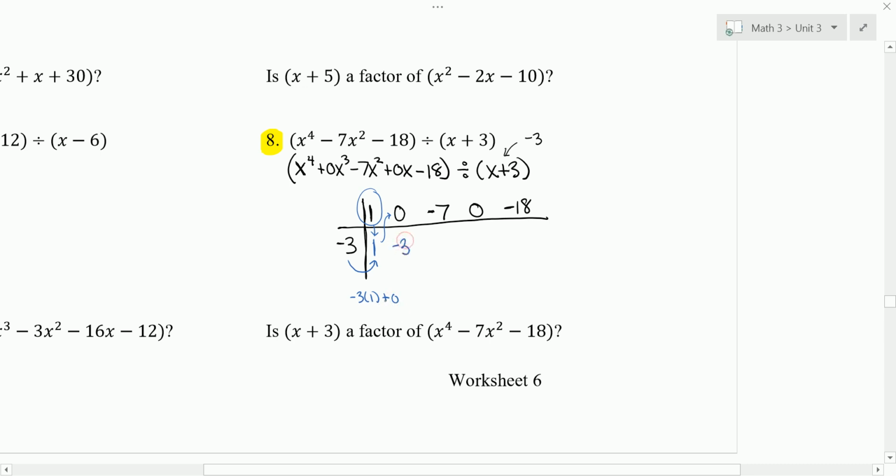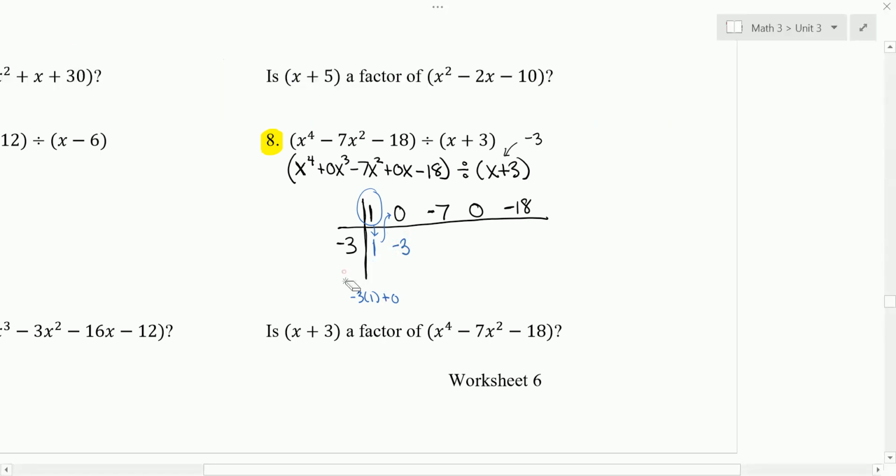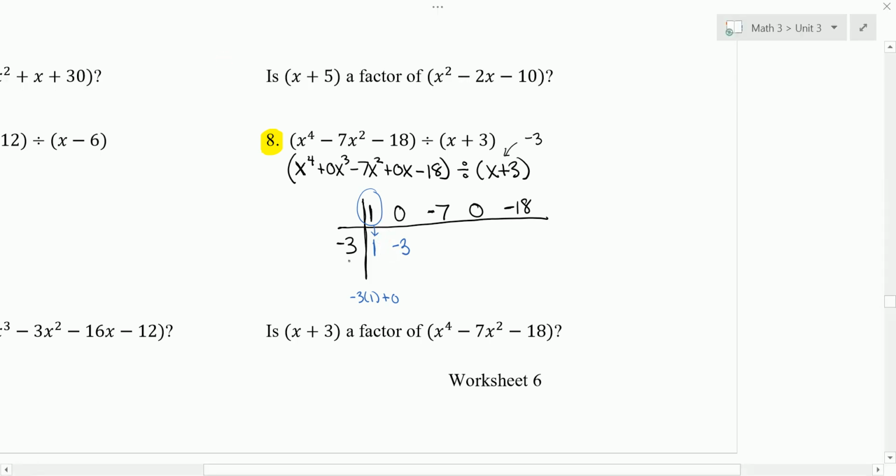And write that here. And we just keep repeating this process as it moves us along. So now we are going to do negative 3 times negative 3, and then add that to negative 7. So it's going to be 9 minus 7, which is 2.